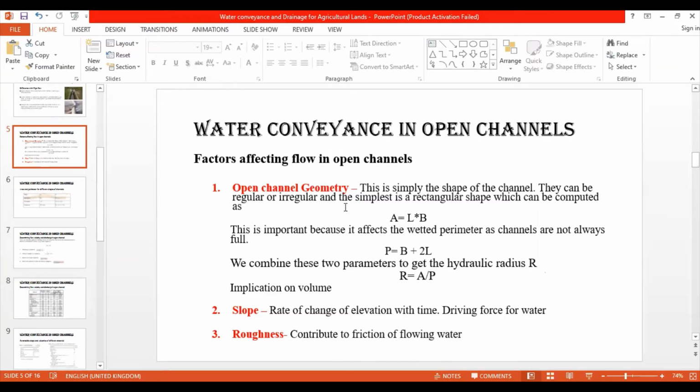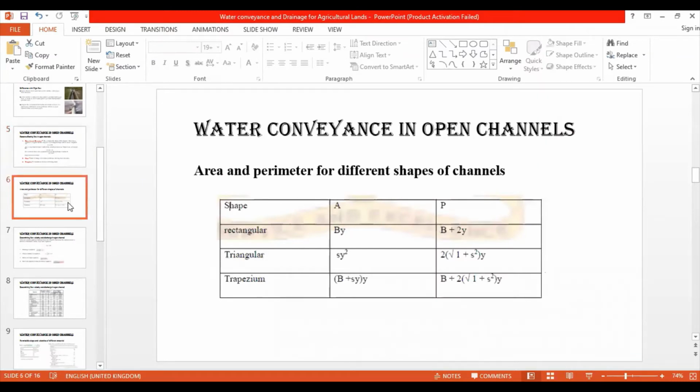They can be rectangular, you can make it a semicircle or different shapes. Others can be triangular, others like a trapezium, and things like that.